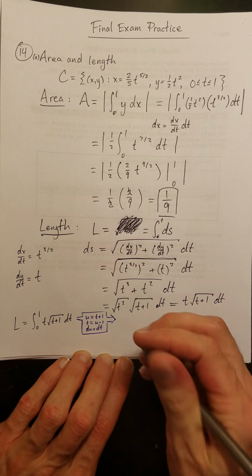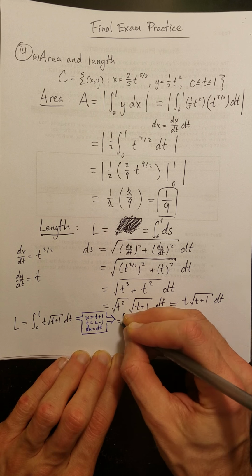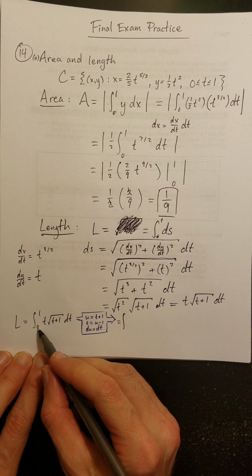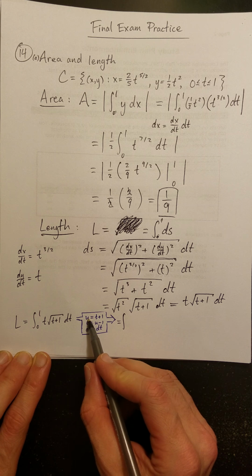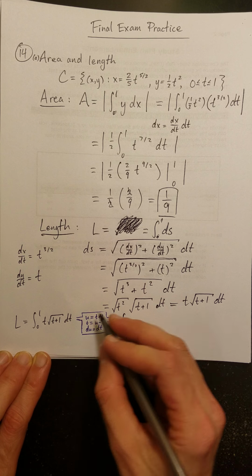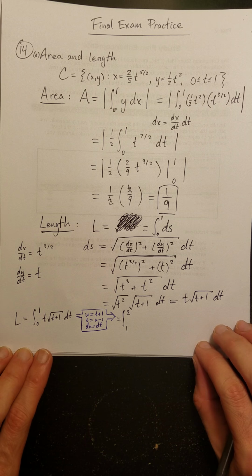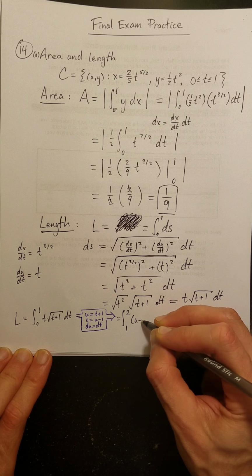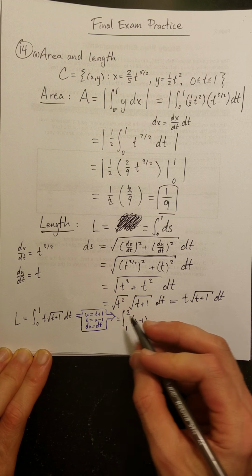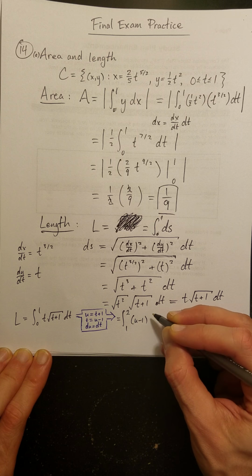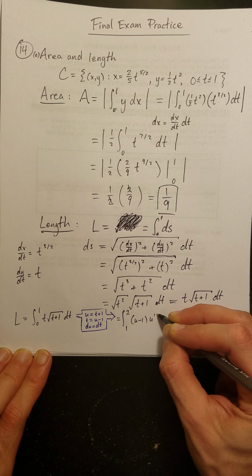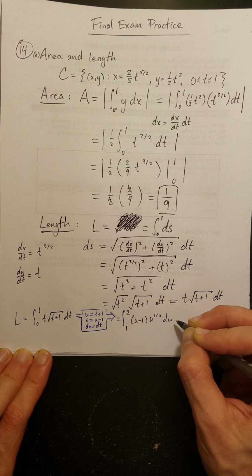That will turn my integral into, so at t equals 0, u is equal to 1. At t equals 1, u is equal to 2. And so now I'm integrating from 1 to 2 of u minus 1, because this is our t, times square root of u, but I'll write that as u to the power 1/2 du.